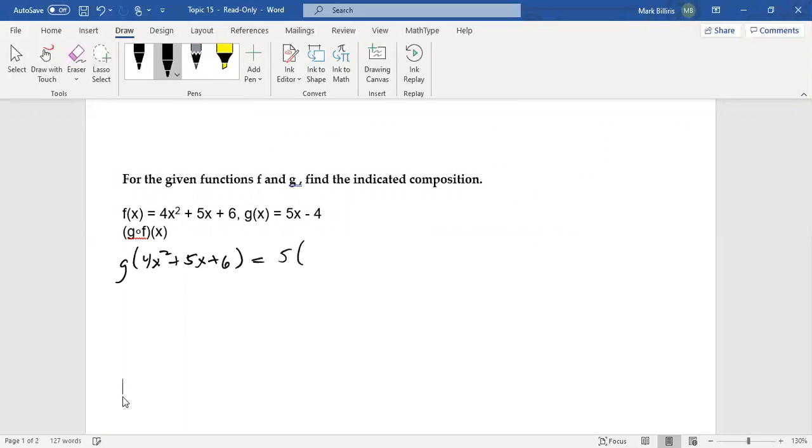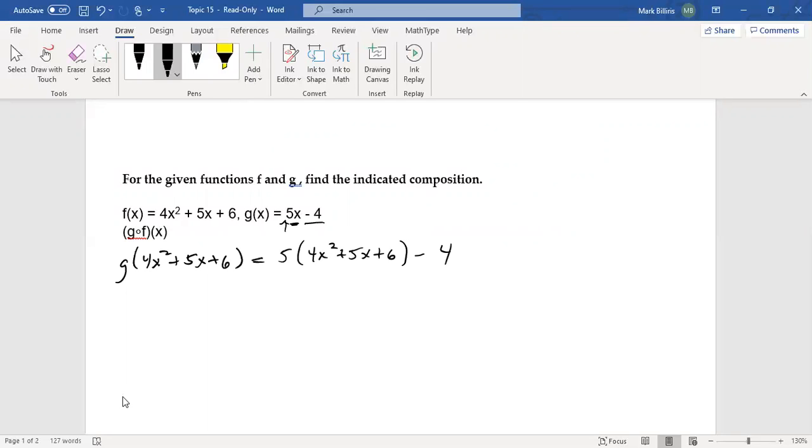So we have 5 times the entire f function, which is 4x squared plus 5x plus 6, minus 4, because the 4x squared plus 5x plus 6 just replaces the x in the function. So we still have the coefficient of 5, and we still have our minus 4.